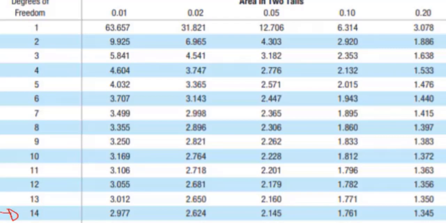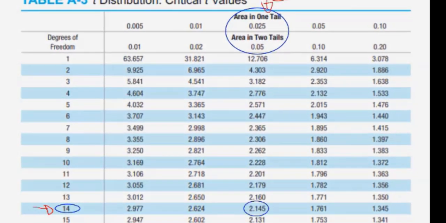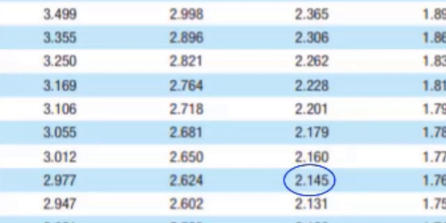So you look at this number, 14. You look at here, area in one tail is 0.025 or in two tails is 0.05. This is your answer, which means what? Plus, minus. There are two of it, okay?